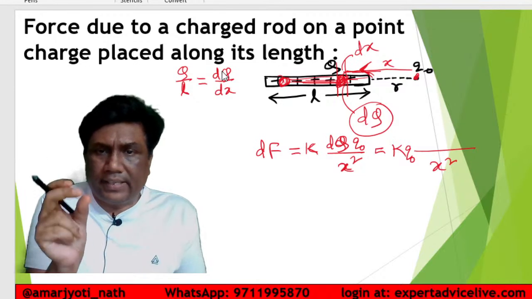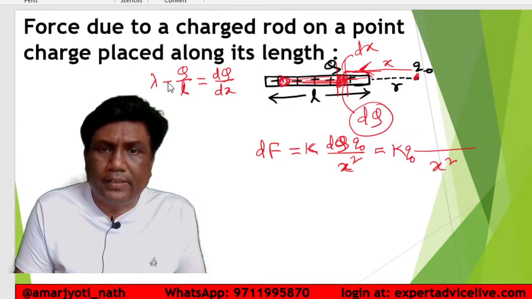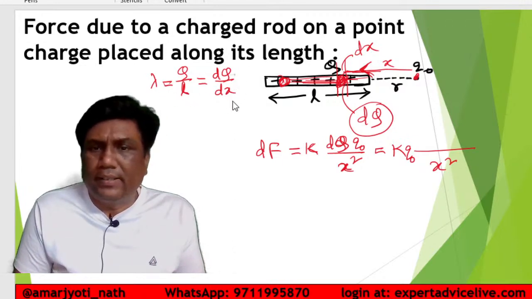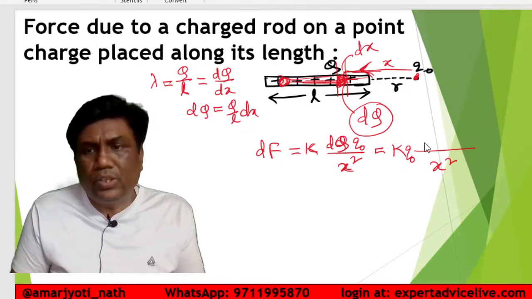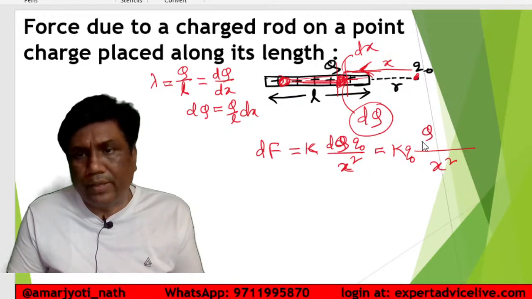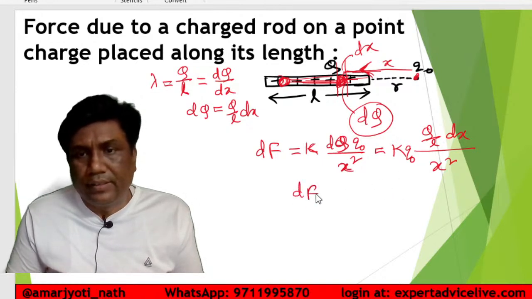This ratio, charge per unit length, is also called lambda, and it will be the same everywhere. So from that we can say dq equals Q by L into dx, which I am going to put here. Q is constant, L is constant, so they will come out of the integration.